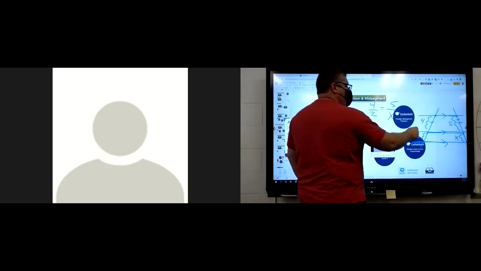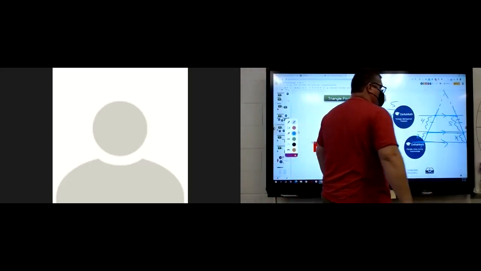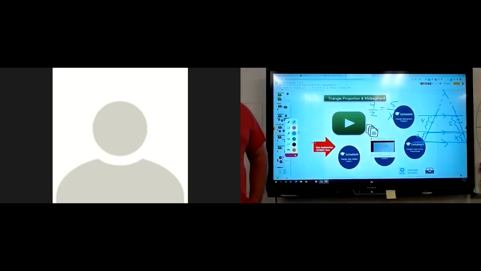Now, why does that work? Because technically, do we have imaginary similar triangles? We're just not looking at the tops. Okay, that's what this one says.